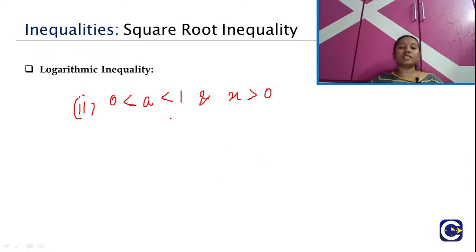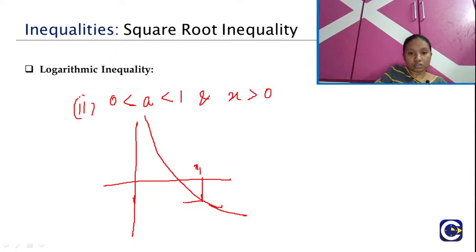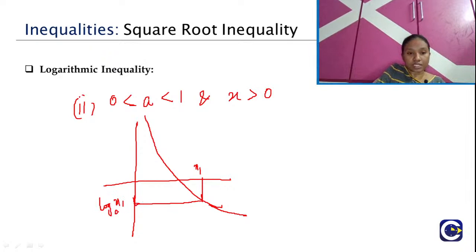Now for this, how will the graph of the logarithmic function look here? Any idea? The graph will look something like this if the base is lying between 0 and 1. Right. So suppose I have taken my x1 here, then the corresponding log x1 will be here, so log x1 to the base a.